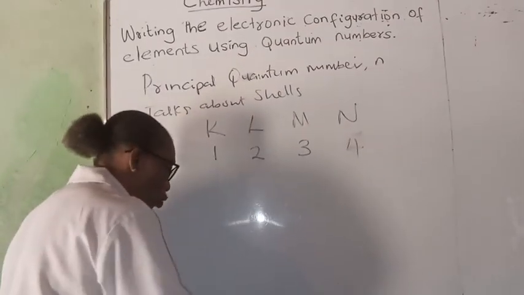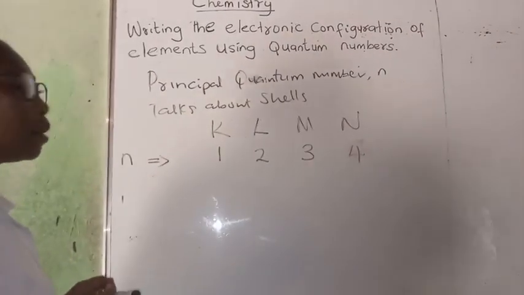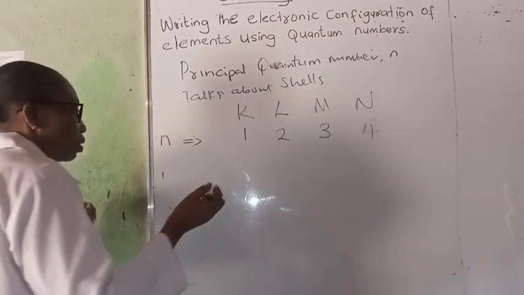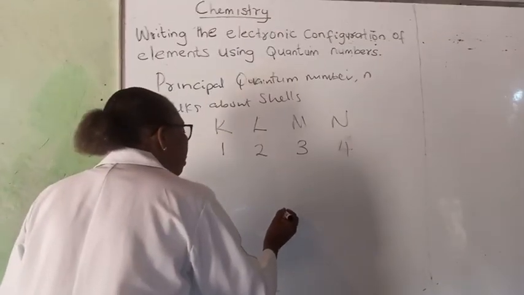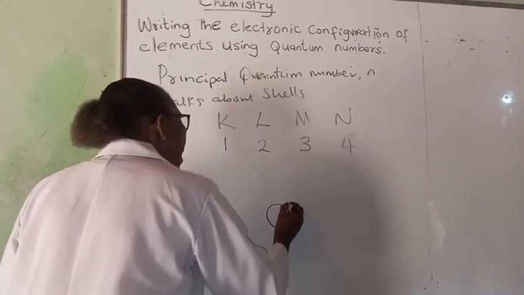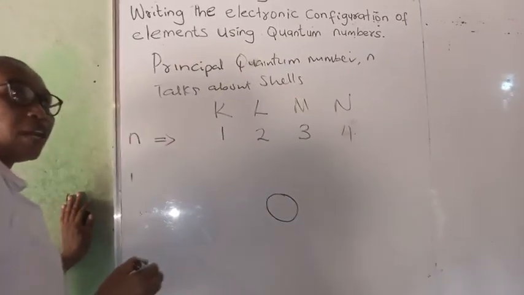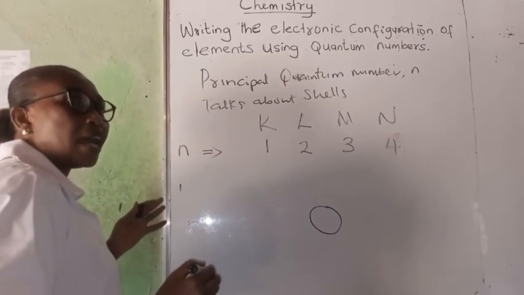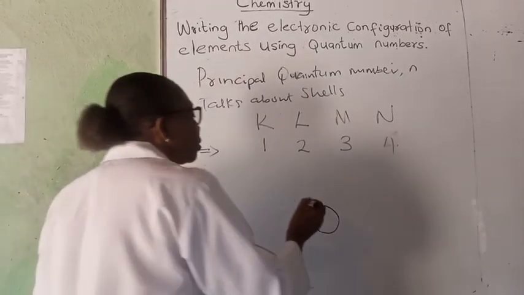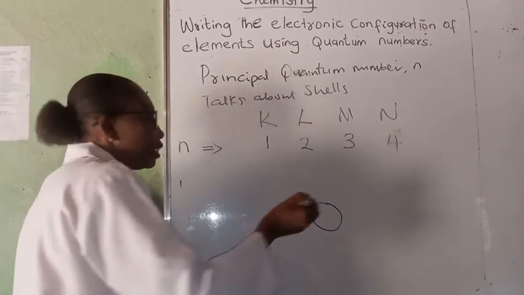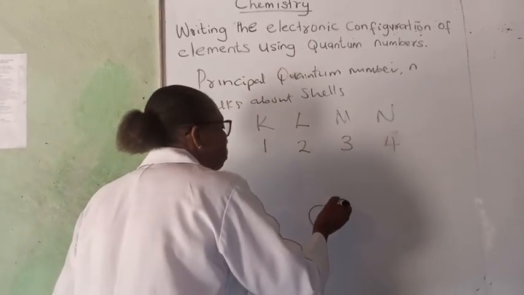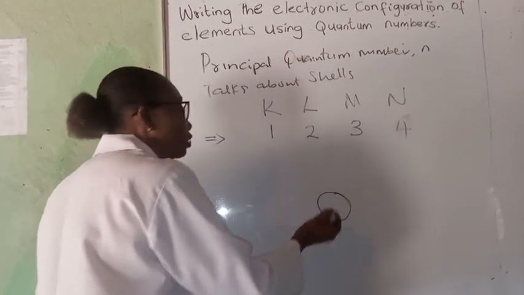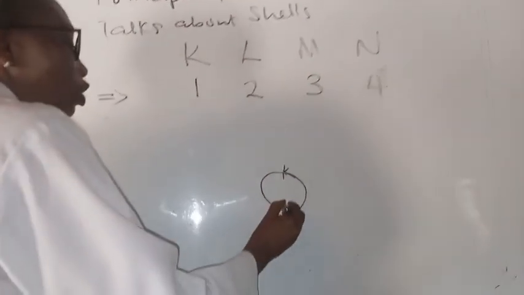If you go by what you have been taught about the shells, the shells of an atom of elements are usually drawn in circular form, where you have the first shell, K shell, shell number 1.